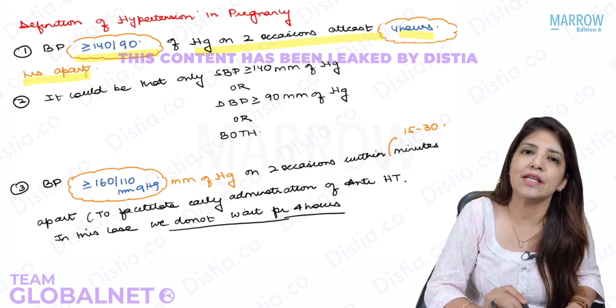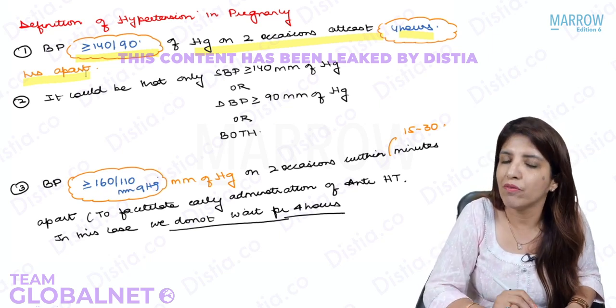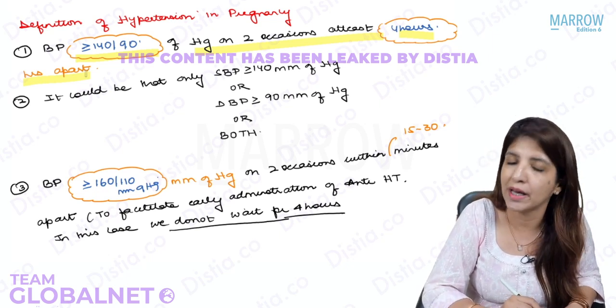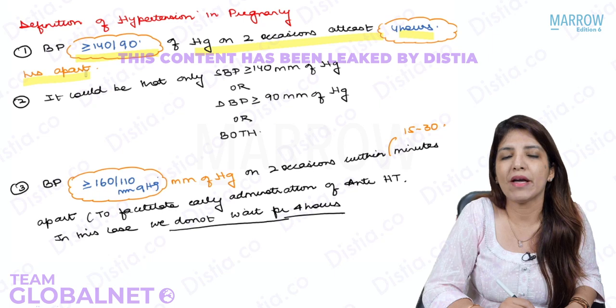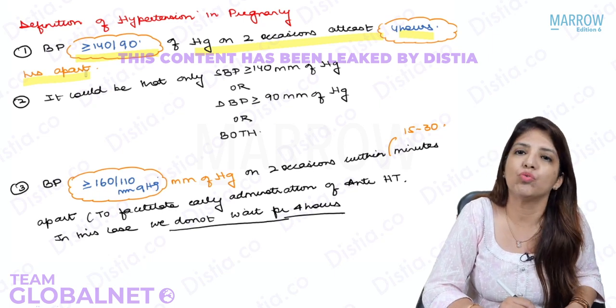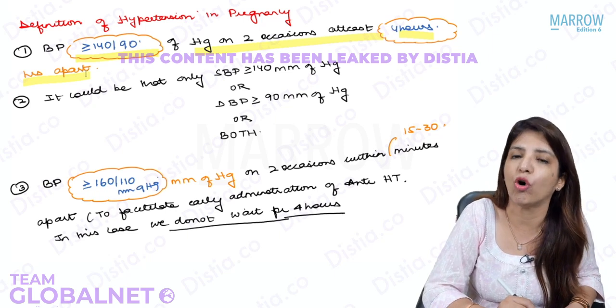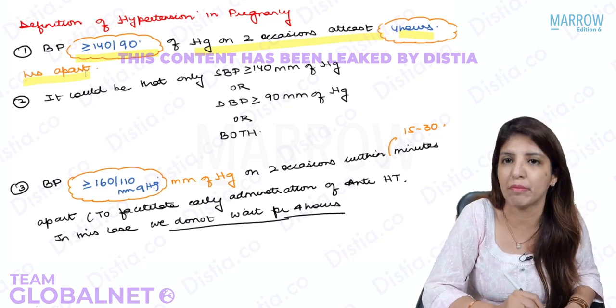Now, this is something which you have to remember, a very, very important practical point and an applied question as well. Suppose a pregnant female's BP is more than or equal to 160/110, then in that case, you are not going to wait for 4 hours to repeat the BP measurement.